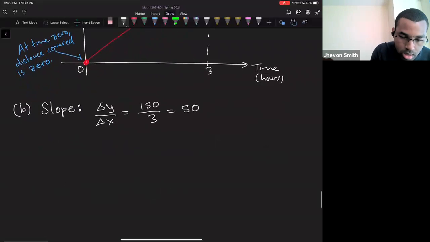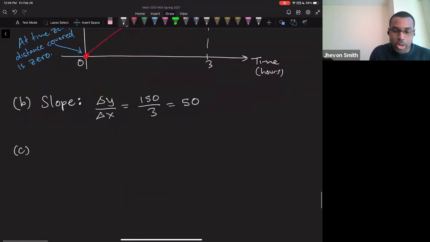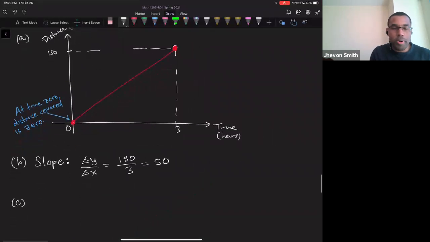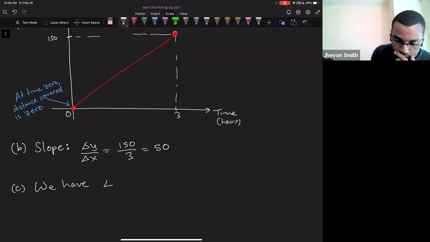C. Interpret your answer to B. So in B, I just found that the slope was 50. Interpret that value for me. What does the 50 mean in this context? The object moves 50 miles an hour. Notice here, we have change in y over change in x.